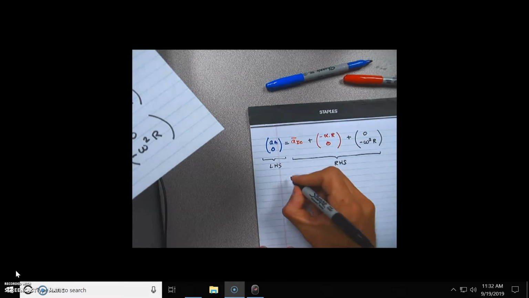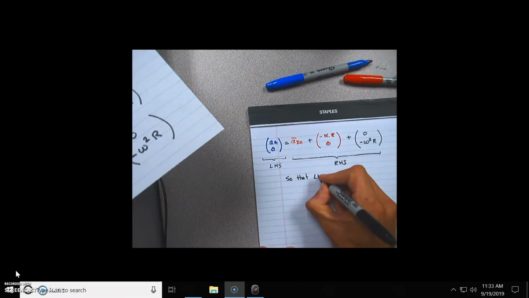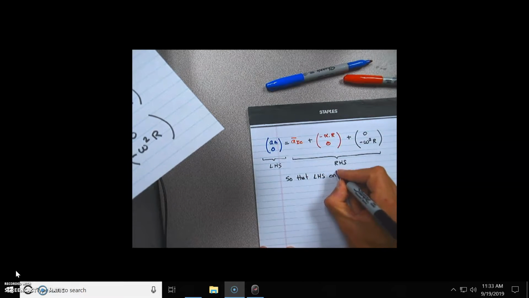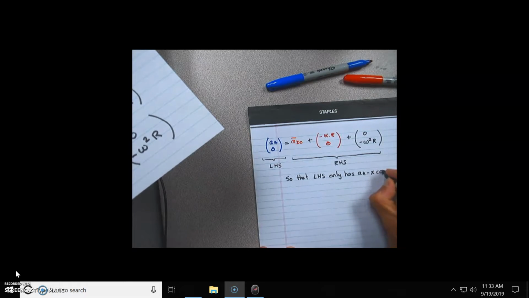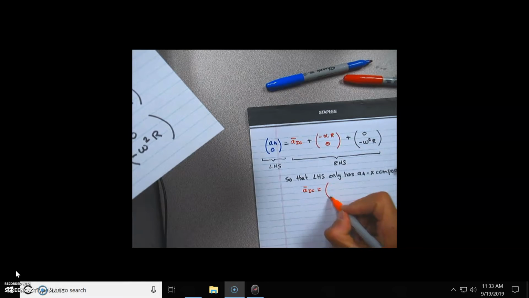Does that make sense? Yeah, so that we only have a component on the x. All right, so the left-hand side only has an acceleration with an x component. What should we have? The acceleration of the instantaneous center should be equal to what?